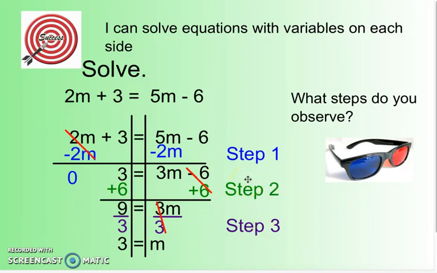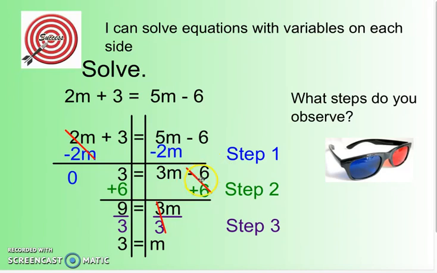Remember, we learned that we always isolate the variable. We get it by itself. That means we get rid of anything that's surrounding it, and usually, actually all the time, the thing that surrounds it is something that is either added on or subtracted from.